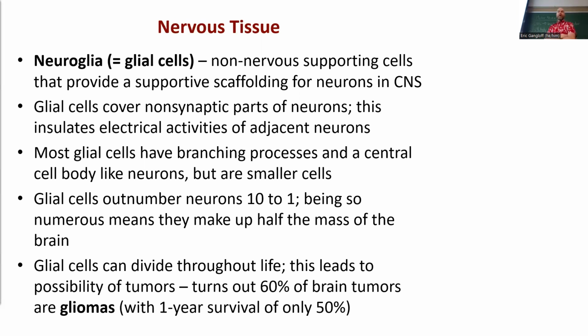And so when you hear about brain tumors, for example, a glioma, most of the time it's not the neurons that are cancerous, rather it is these glial cells. Because remember, neurons don't really divide. Generally speaking, they don't divide in adults. And so there's not a chance for those cells to become cancerous because they're not dividing in the first place. So when you hear about brain tumors and brain cancers, it's a cancer of one of these types of glial cells.